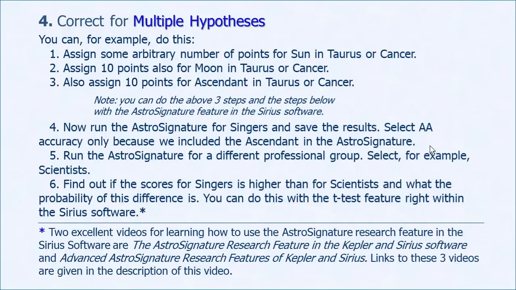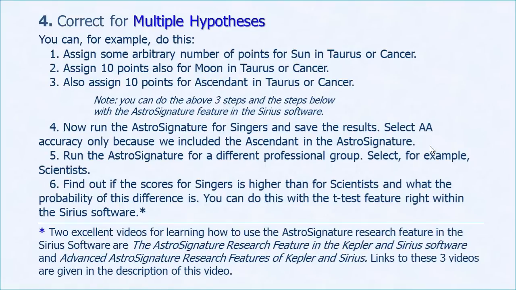You just run this test and it tells you the likelihood of that is less than 0.05, less than 5 out of 100, or less than 5%, or less than 0.01. It'll just tell you. And that will give you a very good idea. So the easy way to overcome this problem of multiple factors is to use the AstroSignature.